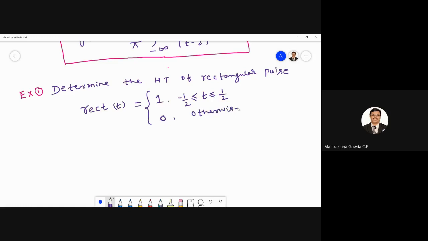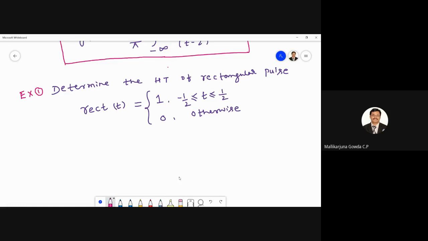So this is the specification of the rectangular pulse given. So its magnitude will be 1 over the interval from minus 1 by 2 to plus 1 by 2. For other places its value is 0. So we need to find out the Hilbert transform of this rectangular pulse.